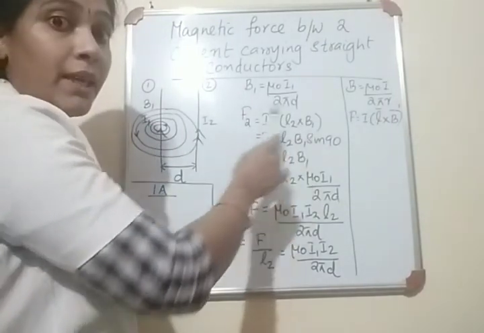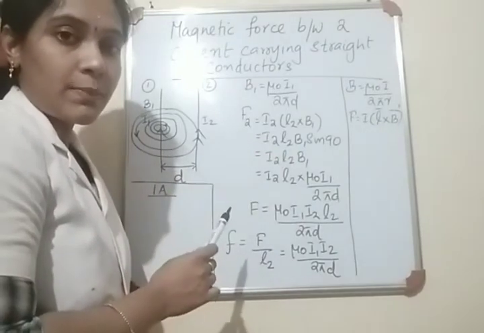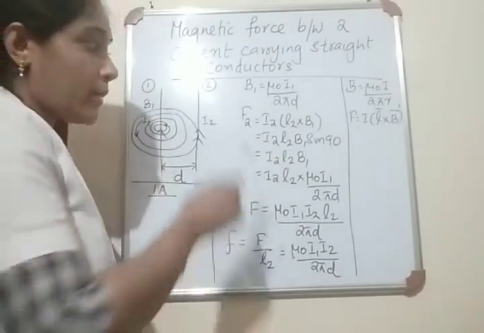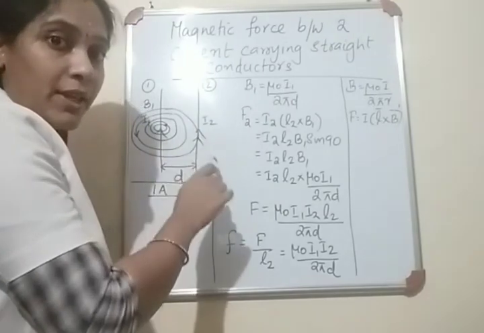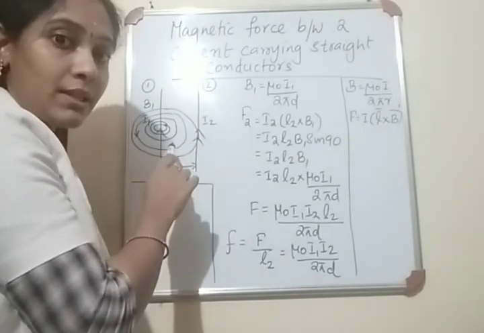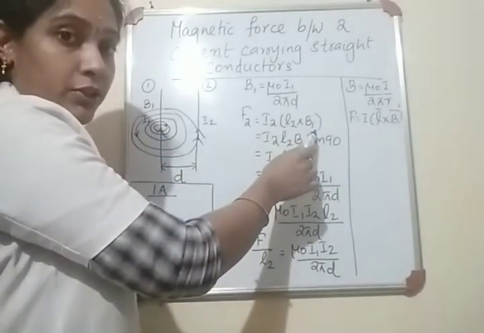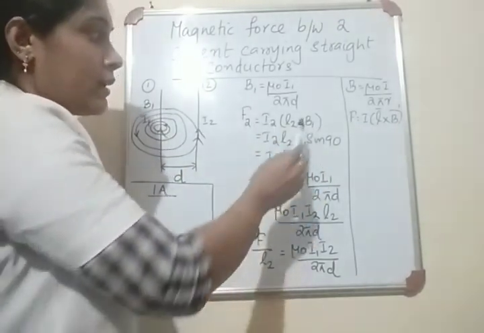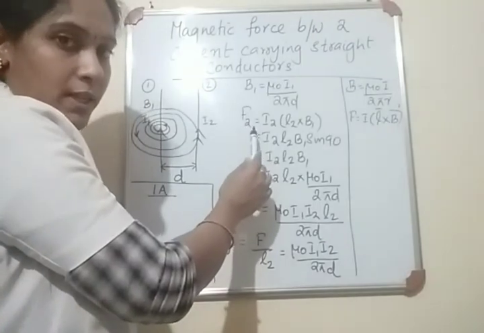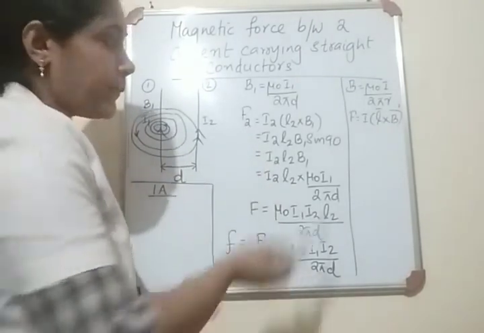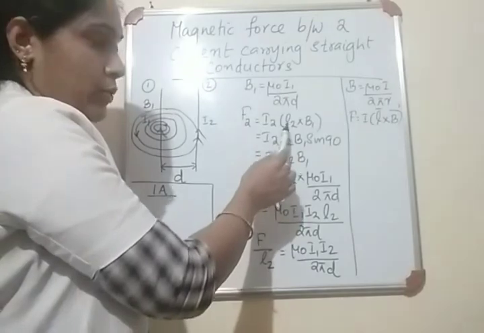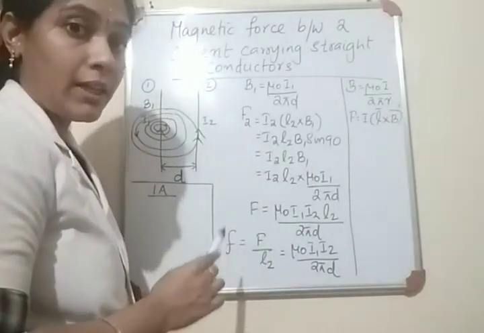Here we need to substitute B1. Why? Because the second conductor experiences a force due to the magnetic field produced by the first conductor. So here the magnetic field should be considered B1. Then the force F2, the force experienced by the second conductor, is I2 into L2 cross B1.